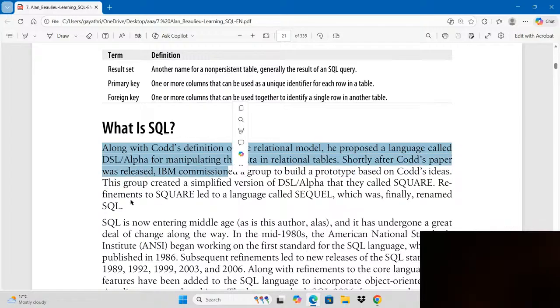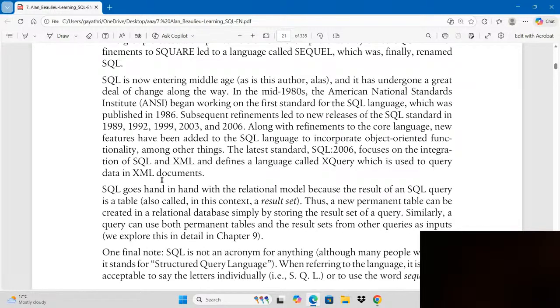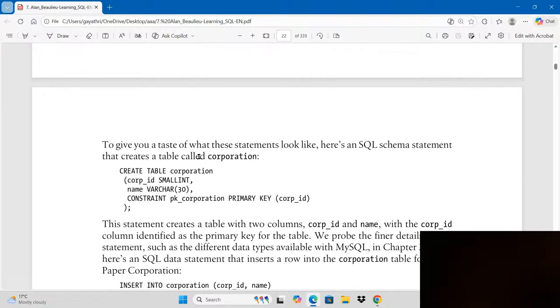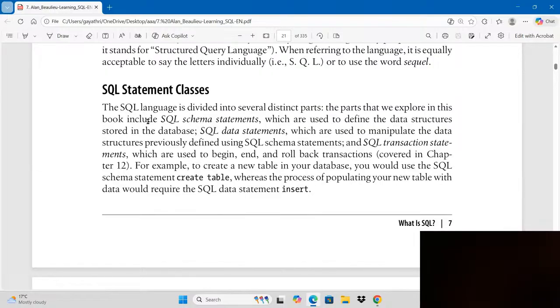SQL statement classes. The SQL language is divided into several distinct parts.